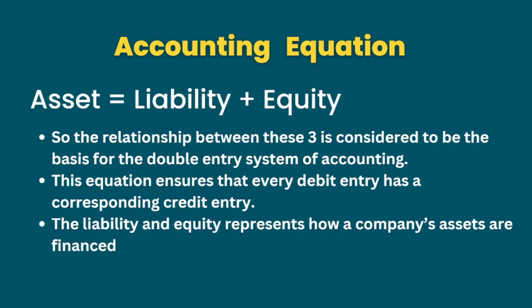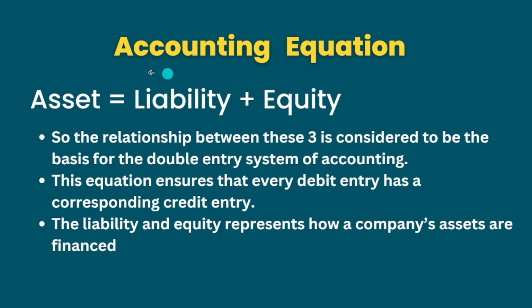So the accounting equation is expressed as asset equals liability plus equity. The balance sheet, which is also known as the financial position, is derived from the accounting equation. A balance sheet is a financial statement that shows the assets, liabilities, and equity of a company, and it must always balance.